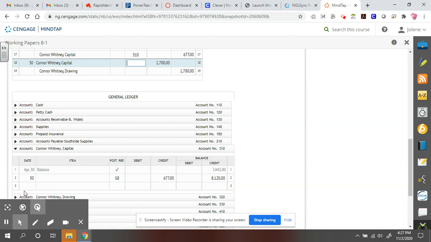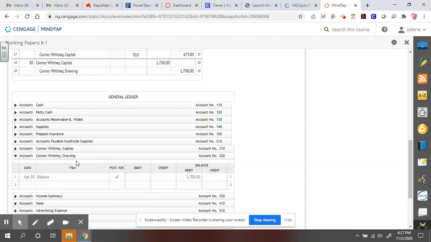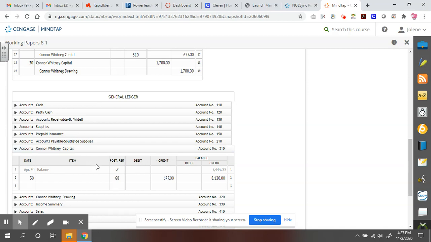Okay, so now we have to open up the drawing account. Oh, sorry. We have to do the capital first because capital is the debit. So we get 30th of the month. It's still G8 that we're using. And this is debit. So now we have a debit and a credit.